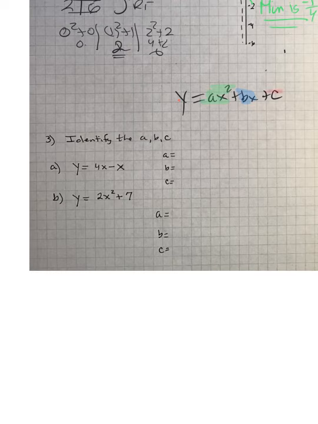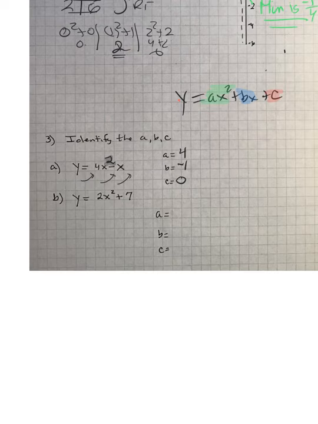And the c is your constant term. Whoops, I forgot my squared in this problem, so let's add a squared right there. So the a in this problem is 4, the b is -1, and the c is 0, right? There is no c. So we have our quadratic term, our linear term, and no constant.